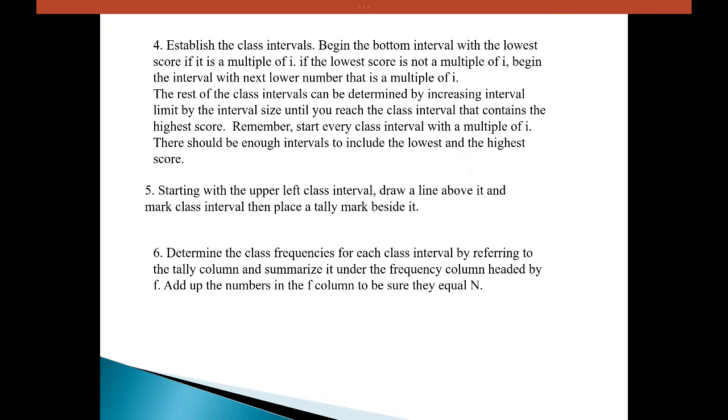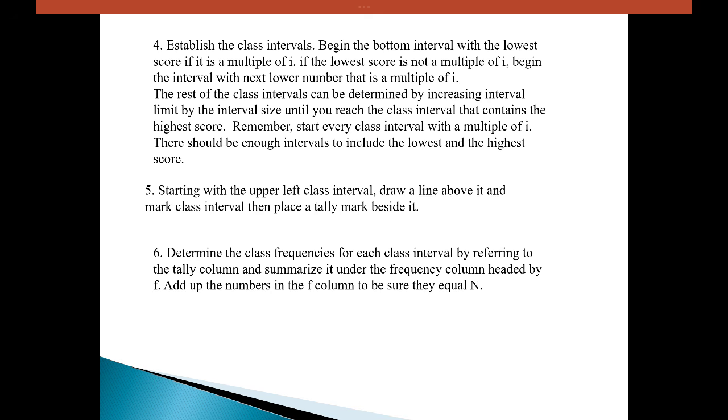And then after that, you need to establish the class intervals. How will you establish it? You need to begin with the bottom interval with the lowest score. Okay, you have your lowest score, right? And then make sure that it is a multiple of your small letter i, or your class interval size.